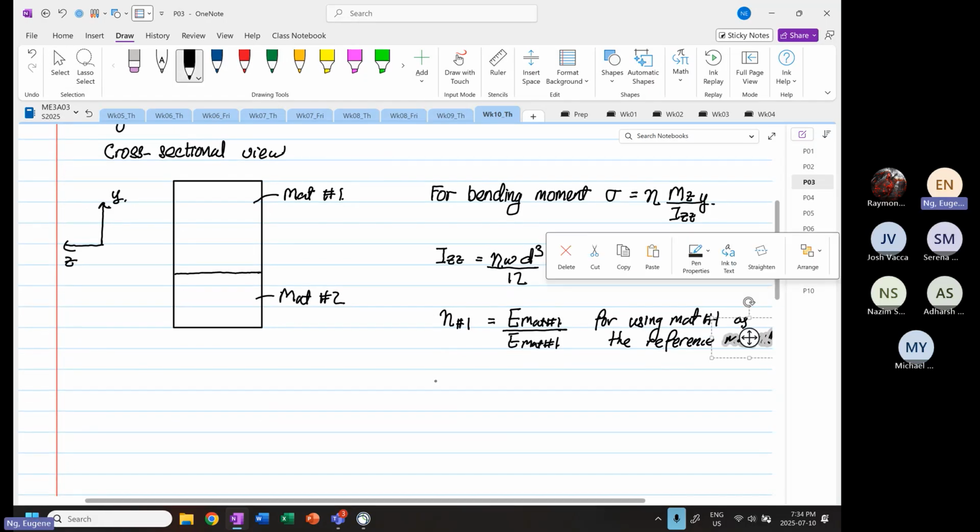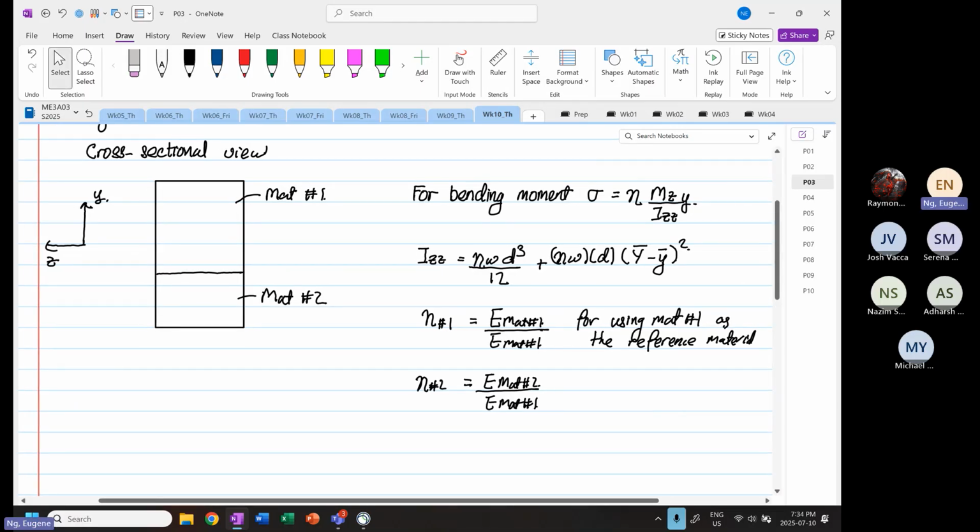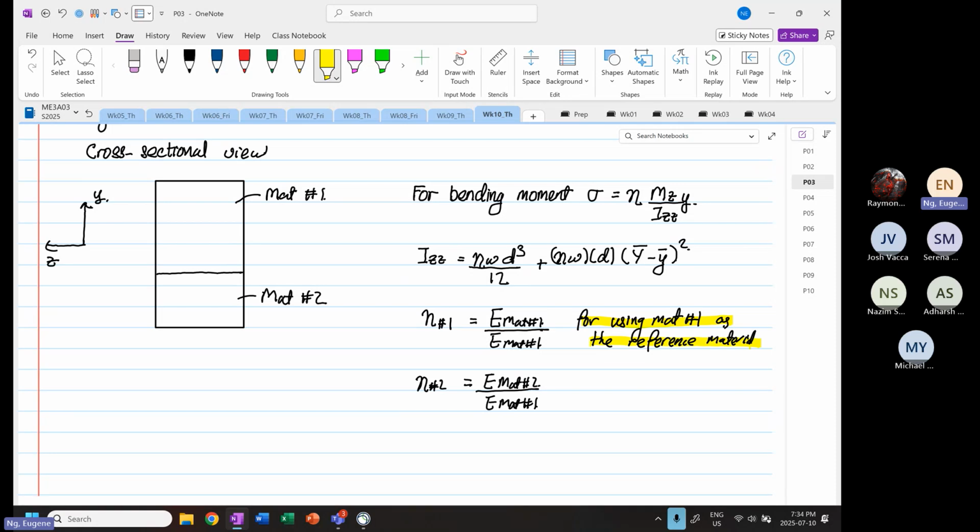And then the n for material number 2 is equal to E of material number 2 divided by E of material number 1. Okay. Why is that? Because over here I specify that we use material number 1 as the reference material. So reference material means material number 1 is always at the denominator. If n of 1, you have to use Young's modulus of 1. N of 2, we have to use Young's modulus of 2.